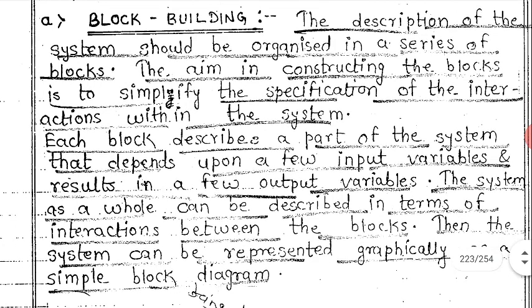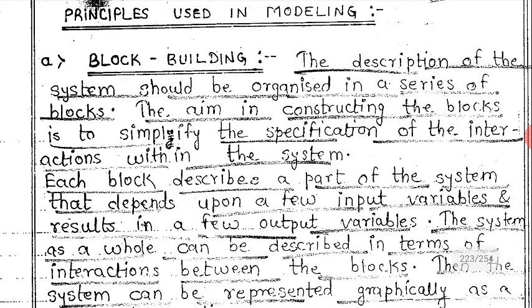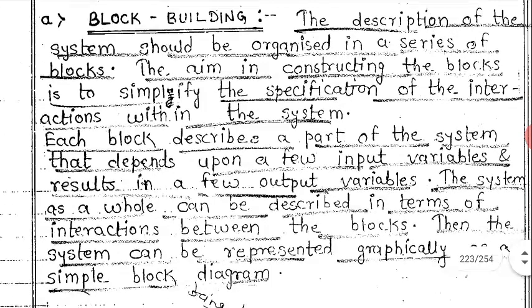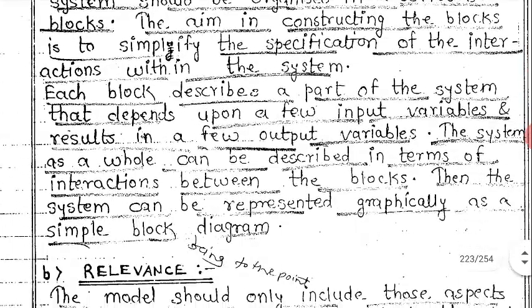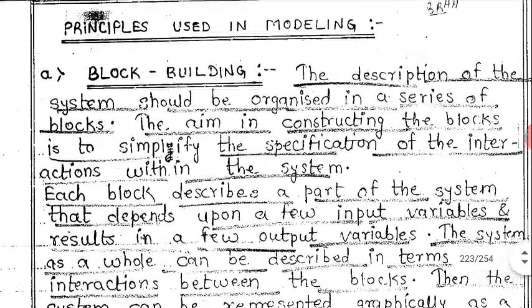Each block is considered a part of the system that depends on a few input variables. These input variables lead to the activities, and result in a few output variables. The system as a whole can be described in terms of the interactions between the blocks. Then the system can be represented graphically as a block diagram.